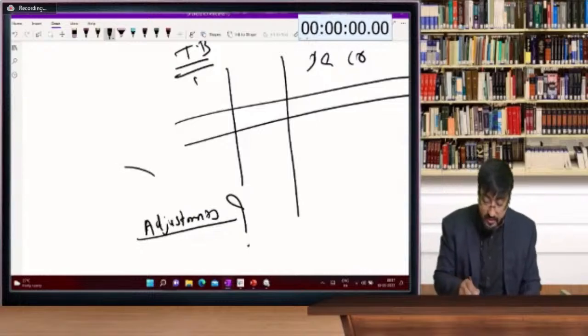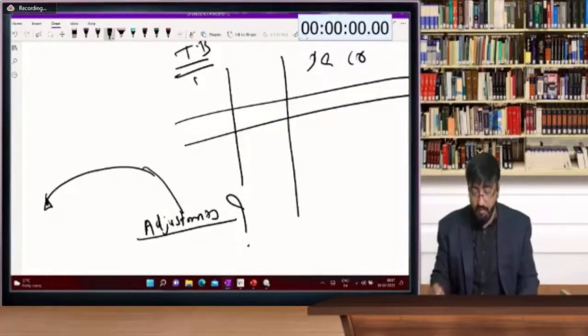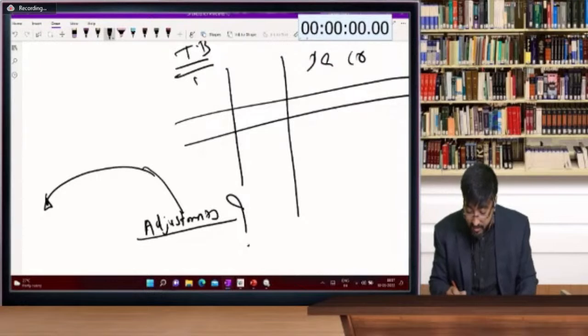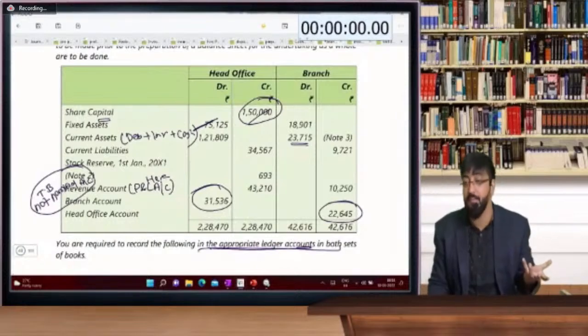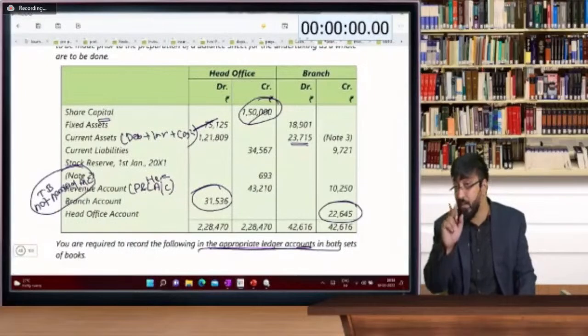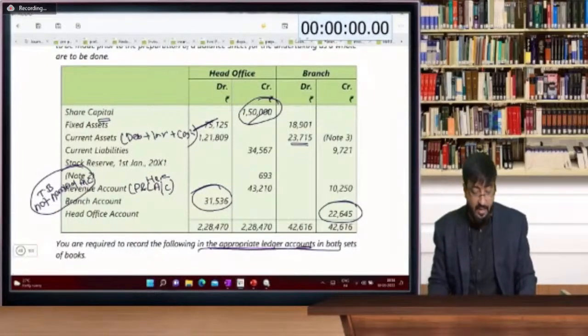So this is why. And see, in this question, there is no adjustment. It means your adjustments are already given effect in your trial balance, because next chapter is financial statements. And in financial statements, I want your conceptual clarity about trial balance.